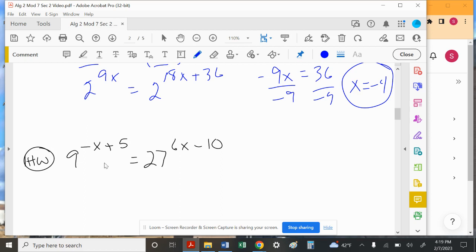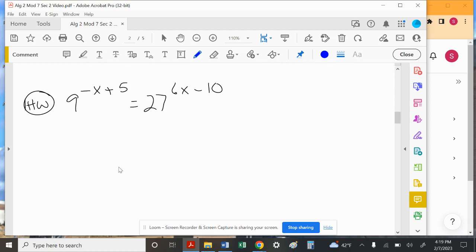Okay, same thing here. Similar to the problem that we did above, notice we have 9 and 27. Of course, 9 squared is 81. So that's not going to help me, so I can't just use 9. I'm going to have to break this down into a base of 3, and then this one into a base of 3. So I have 3 squared to the negative x plus 5 equals 3 cubed to the 6x minus 10.